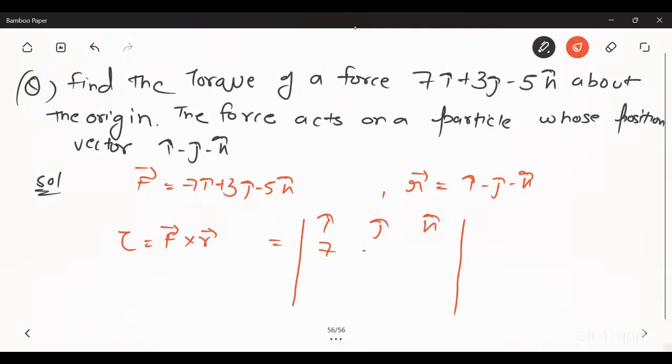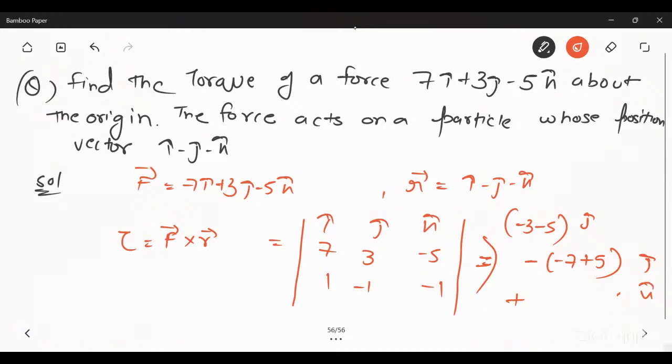Force is 7, 3, minus 5, and the radius is 1, minus 1, minus 1.